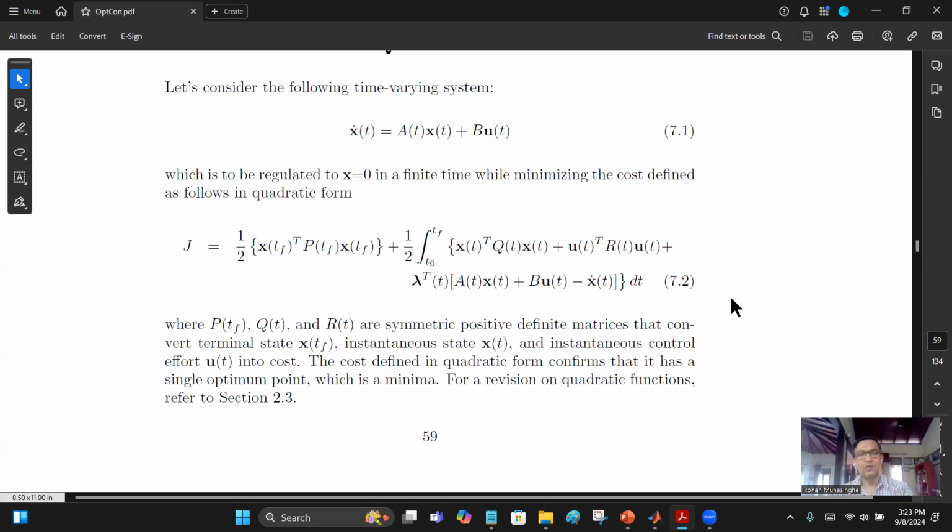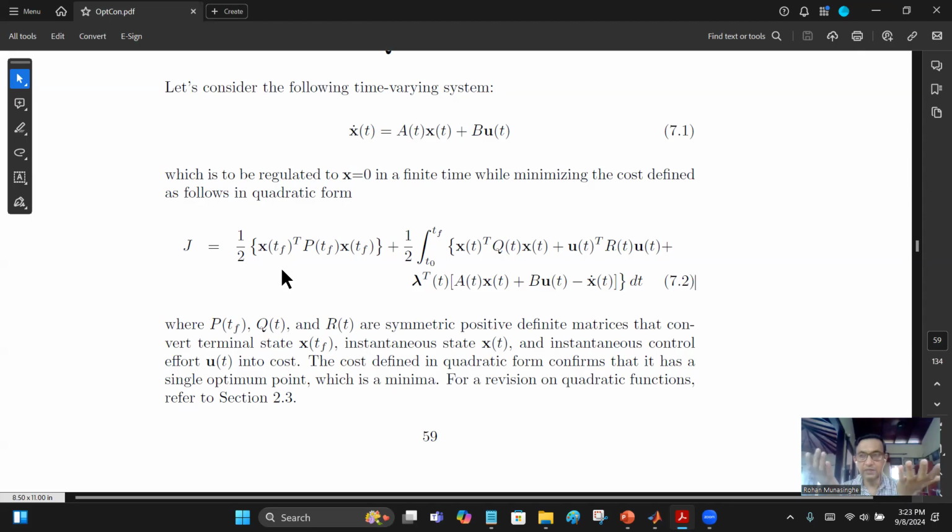So if I break down this one, K is the cost, the total cost of this control, okay, is half x(TF) transpose P(TF) x(TF), which means TF means the final time. Okay, so our time horizon is 0 to TF. So TF is at the end of the process.